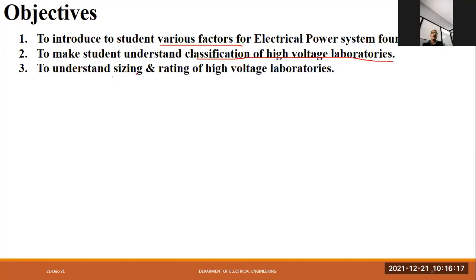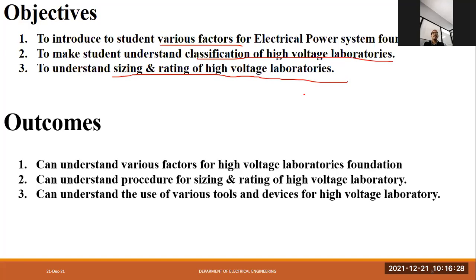Then again, understand the sizing and rating of the high voltage laboratories, meaning what kind of apparatus and electrical equipment we can test, what their sizing and ratings should be for implementing in the high voltage laboratories for testing purposes. Then what will be the outcomes for this unit?